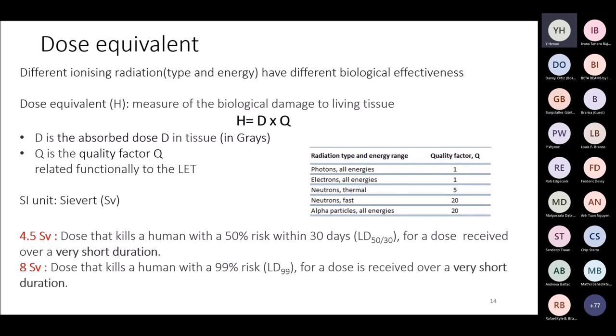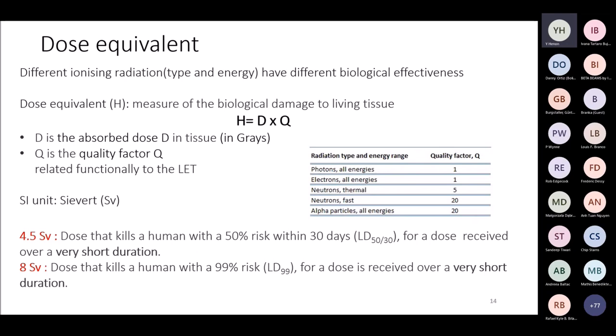You see the quality factor here for photons in the small table is 1, also for electrons, but much more for neutrons, for example, or alpha particles, which unfortunately we do not come across very often in our daily life. The unit being the sievert. So when the quality factor is 1, it's going to be the same number as the number of grays. So for humans, you see that the doses that are lethal are very, very low. Less than 5 sieverts will be enough.